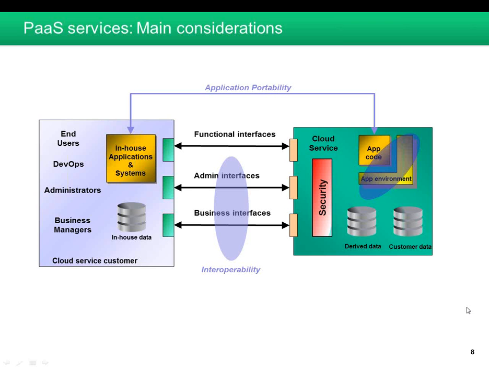And then at the bottom, again, similar to IaaS, data portability is usually not a significant issue for PaaS services since the customer, again, is typically in control of the data formats used for these services. Next chart, Tracy.